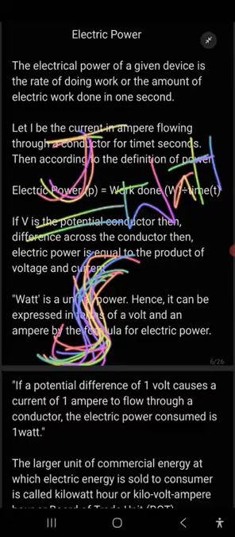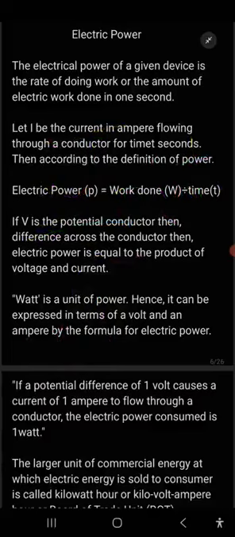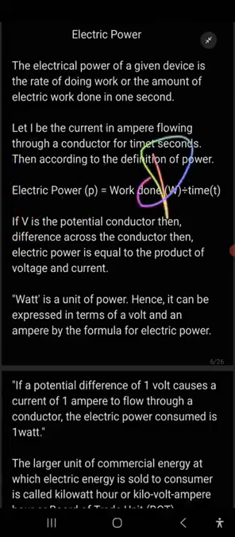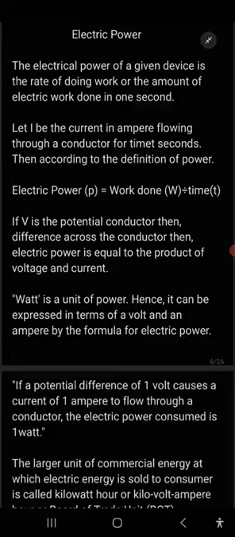So electric power P is equal to VI. That's crazy, bro. So P is basically just VI.